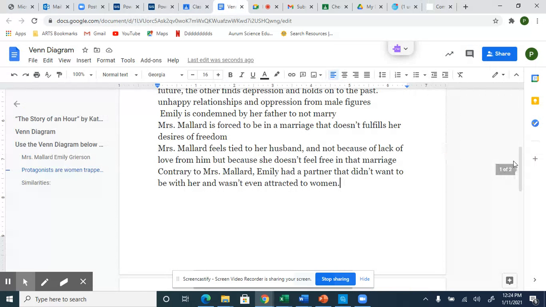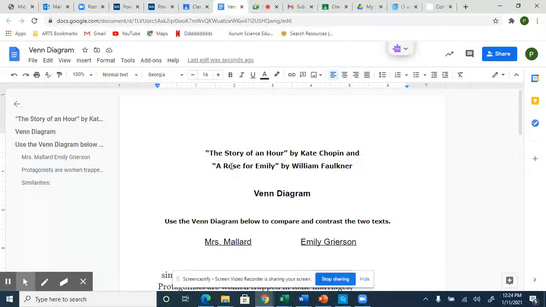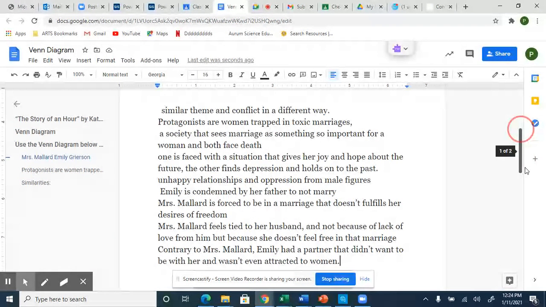All right, so that's a good start on that. Gives you an idea. So, they're both trapped in their worlds, both had fleeting moments of hope, and had them dashed.